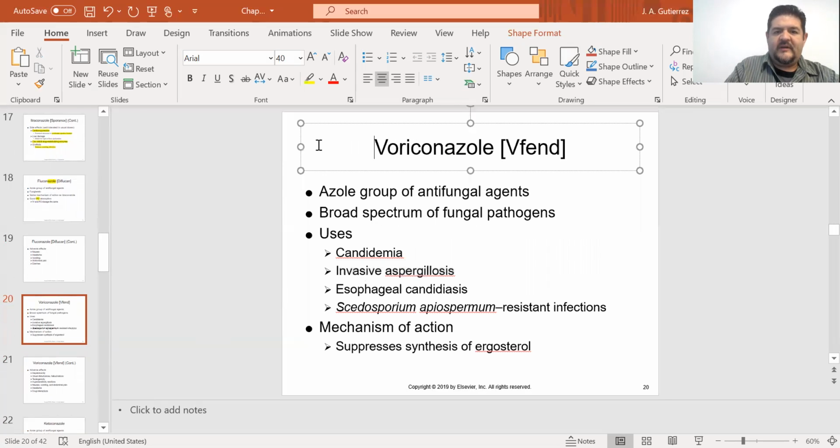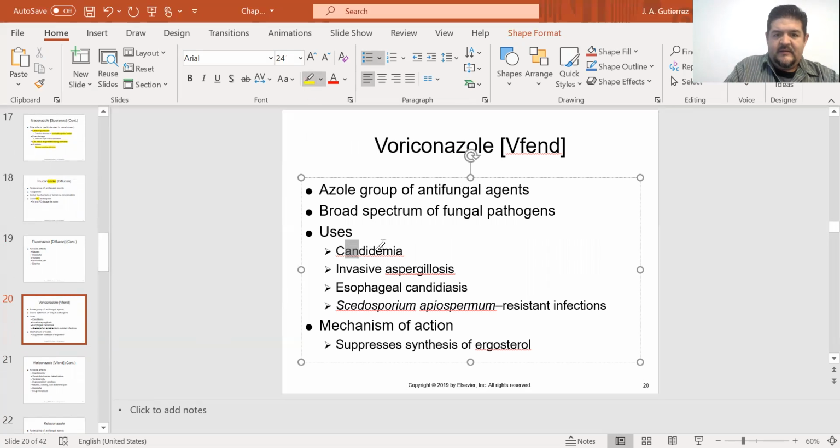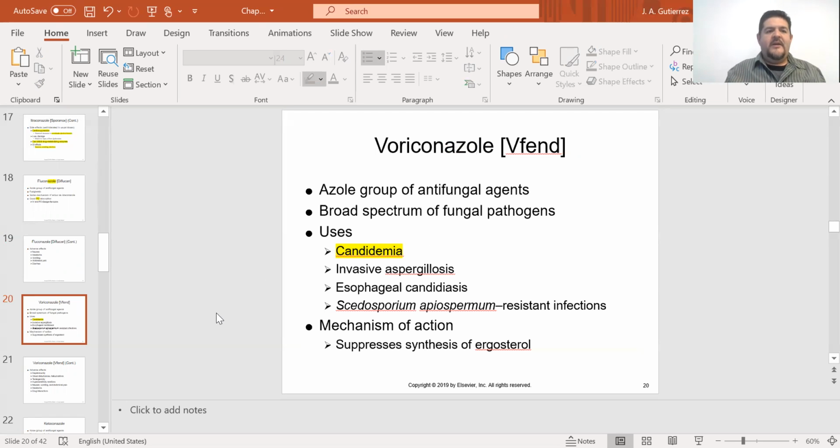Voriconazole, one of the newest acyls. This one is used in systemic infection. So we have candidemia. So this is candidiasis and the blood emia. So now we have here the fungus infection going to the blood.